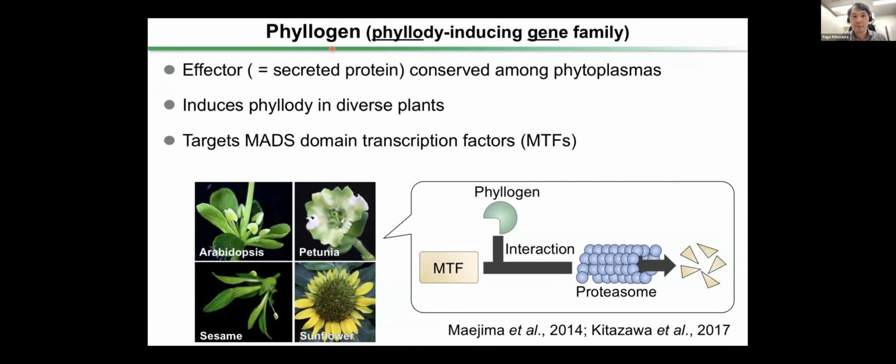Phytoplasma uses a pathogenic effector to induce phyllody. The effector is conserved among phytoplasmas, inducing phyllody in diverse plants, such as Arabidopsis, petunia, sesame, and sunflower.